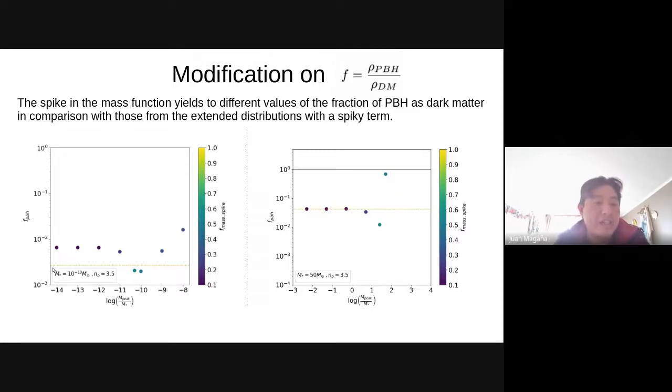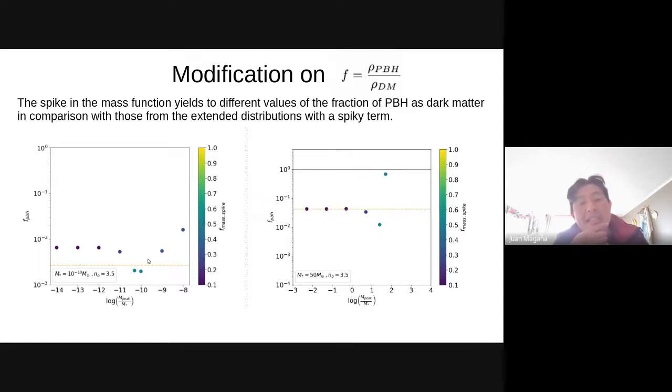This orange line here stands for the value of this quantity without a spike. And you can observe that if we include a spike, depending on the position, this quantity increases, or we can also obtain that this quantity decreases, for example, in these cases for the peak mass.